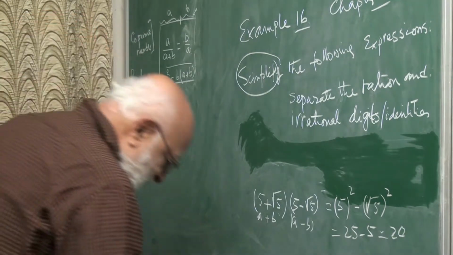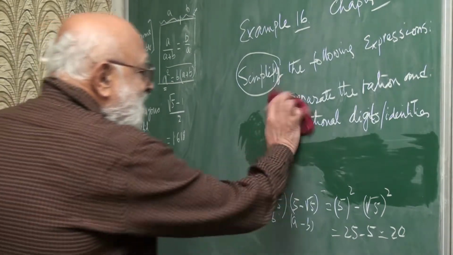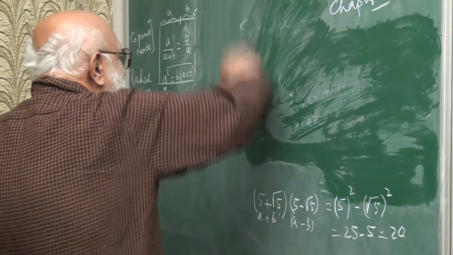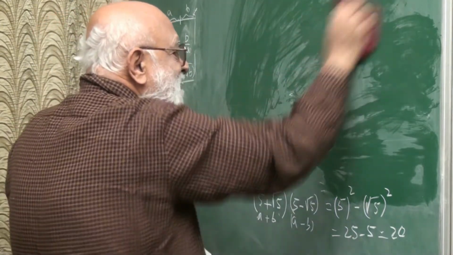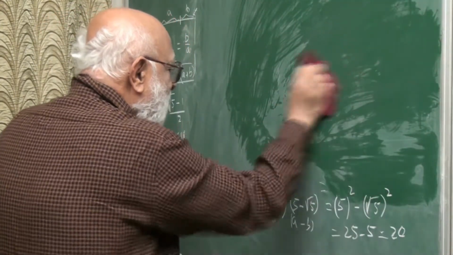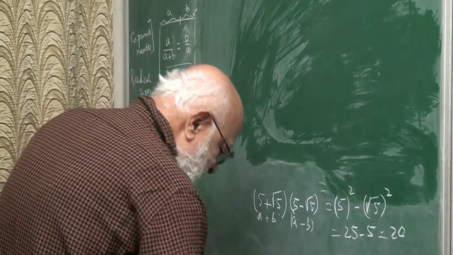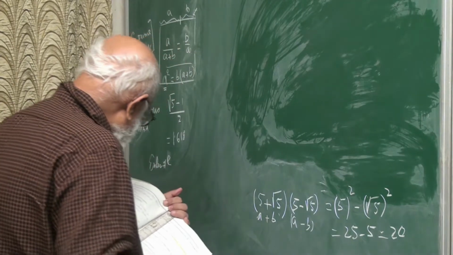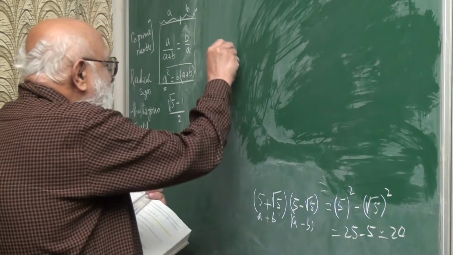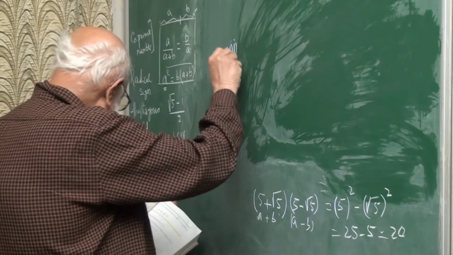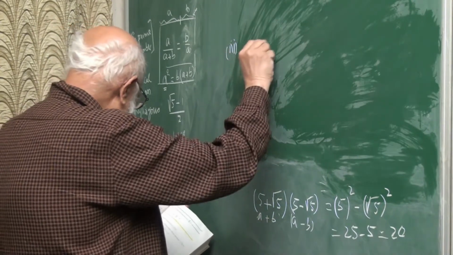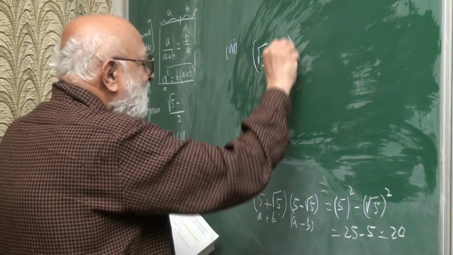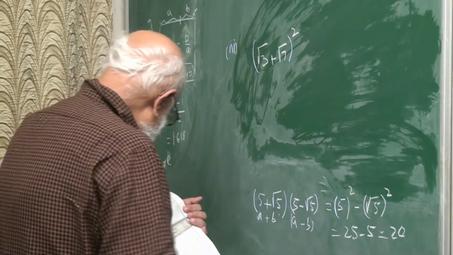Okay, now I don't need this part, you have already seen what is to be done, so I can erase this part of the board. That was number 2, this is number 3. Number 3 says root 3 plus root 7 whole square. So how do we do it?